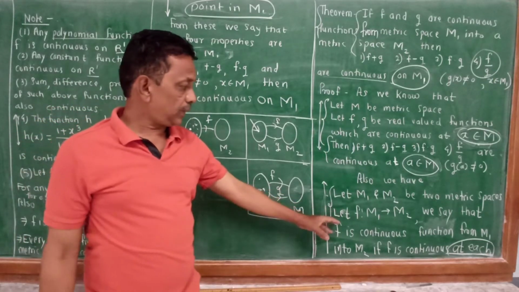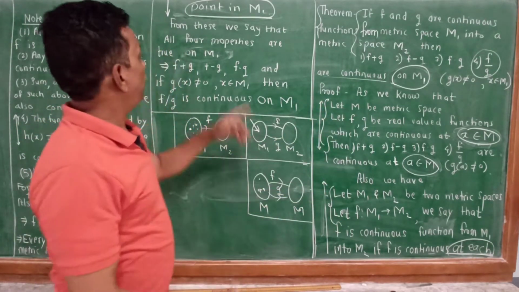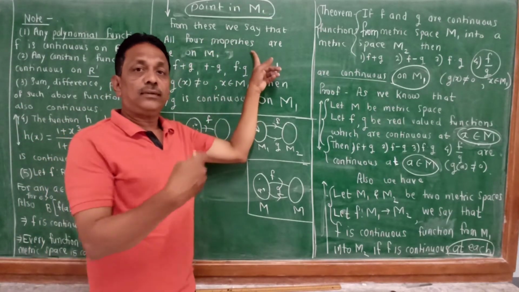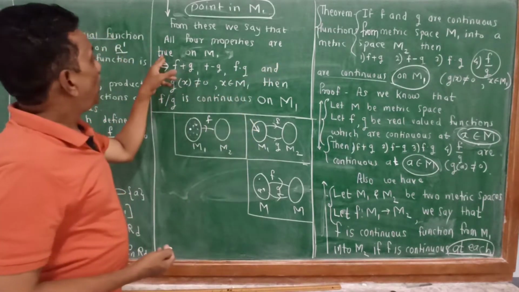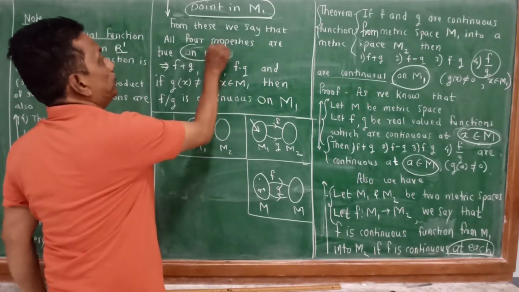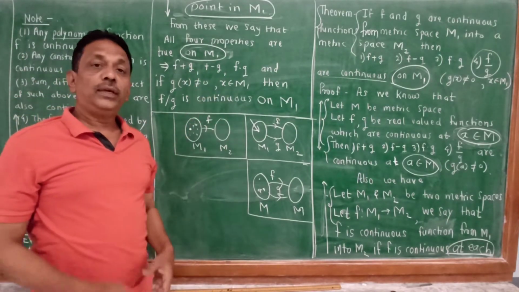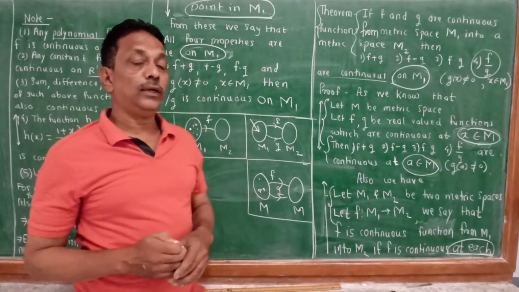Third statement. And therefore from these two statements we can say that all four properties, that is f plus g, f minus g, f dot g and f upon g, are true on M1. Hence we can say that the algebra is continuous on M1.